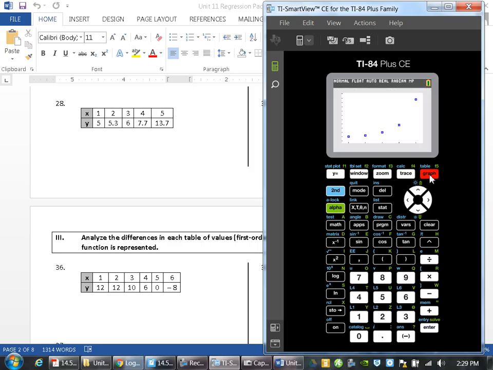Because when I graph it, I might have to readjust the window. I wonder if I zoom 9 now, it'll work. It does. Oh, I didn't turn on the stat plot. There you go.